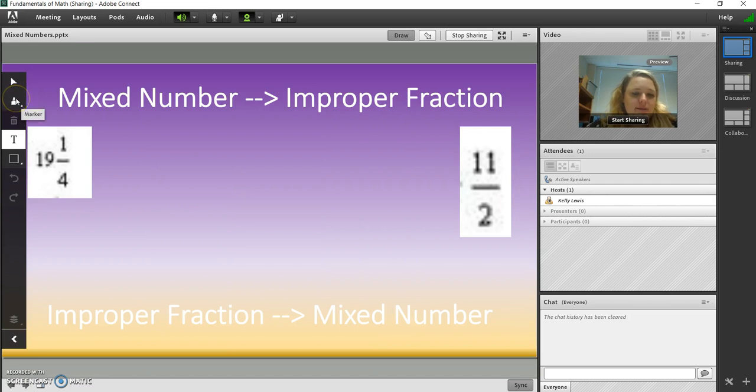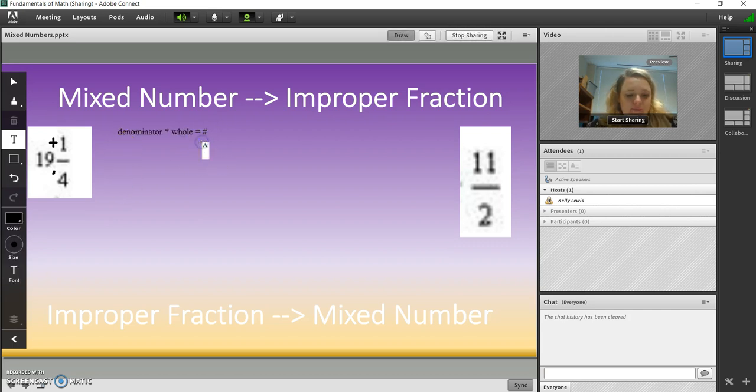All right, mixed number to improper. The first thing you should do is multiply the denominator times the whole number, and then you're going to add the numerator. So we're going to take the denominator multiplied by the whole number. We're going to get a new number.